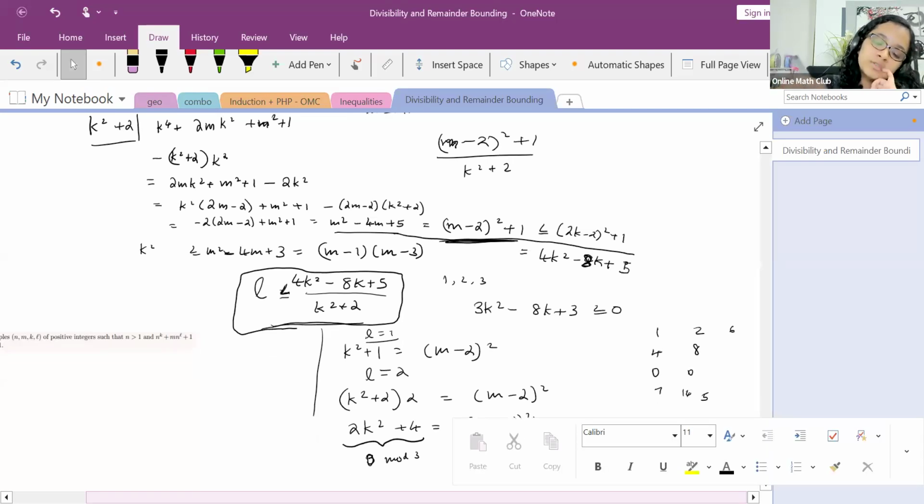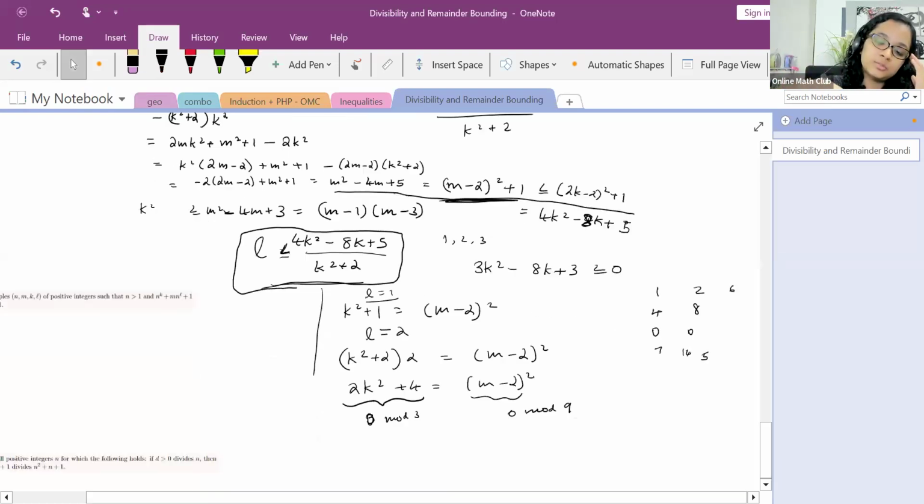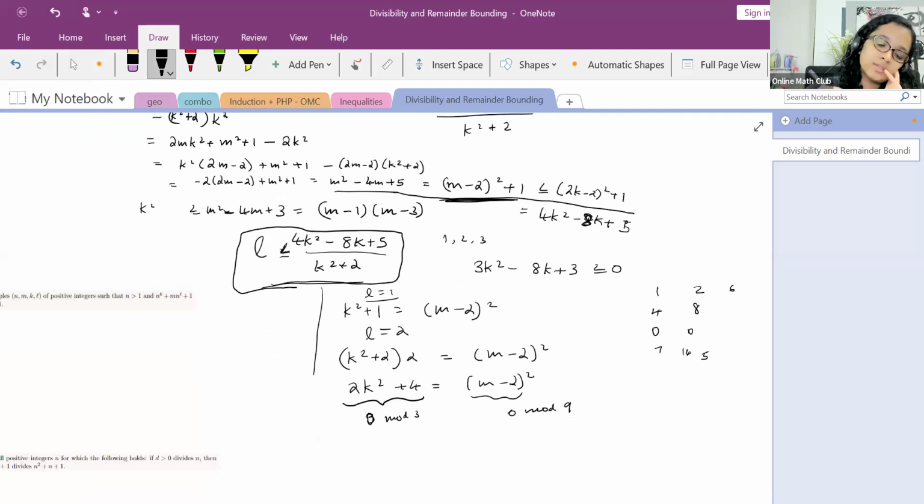And if k is 0 mod 3, then we get LHS as 1 mod 3, right? Okay, wait. I think something is wrong here.